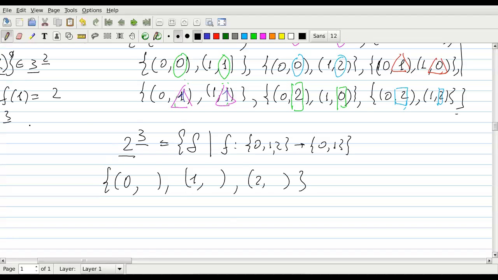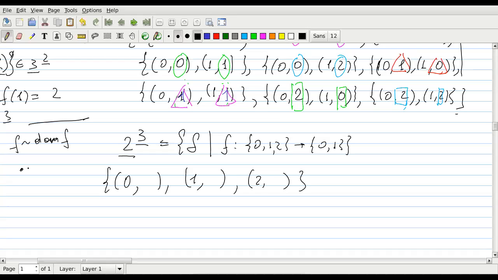So in general, every function has that many pairs as its domain has first coordinates, because every first coordinate is mapped to some value, to just one value.